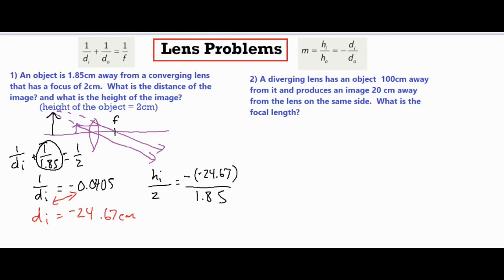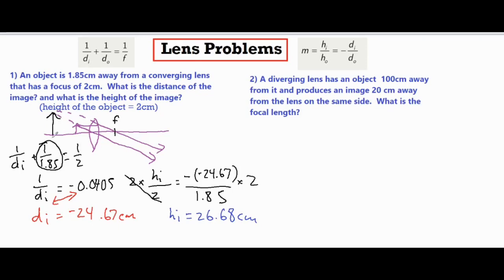So then basically these two negatives are going to cancel each other out. So I'm going to divide these two numbers and then multiply both sides by 2. And then after I do that, I got my height of the image, which comes out to 26.68 centimeters.